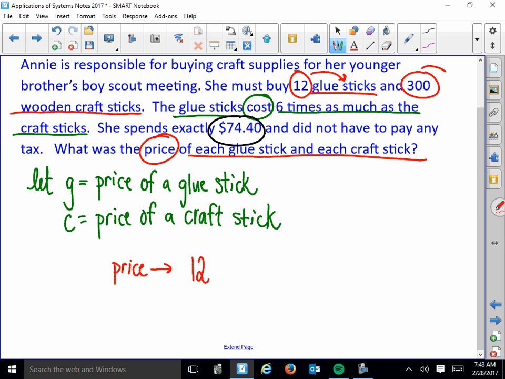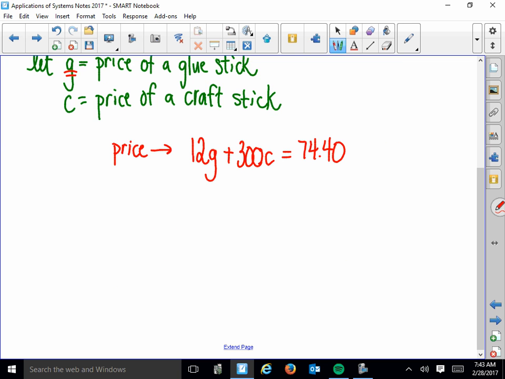I don't know the price of the glue sticks, but that's what G is representing. She also bought 300 craft sticks. I don't know the cost of each craft stick, but that's what C is representing. And I do know that Annie spent a total of $74.40. Everything in this equation had to do with the number bought and the price.